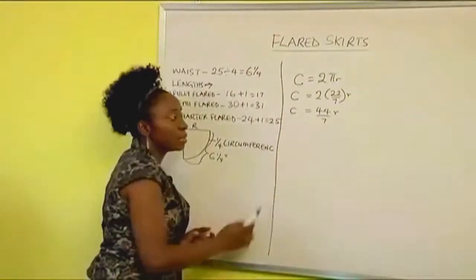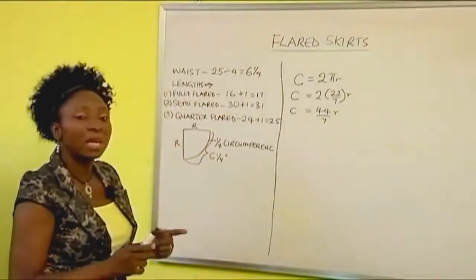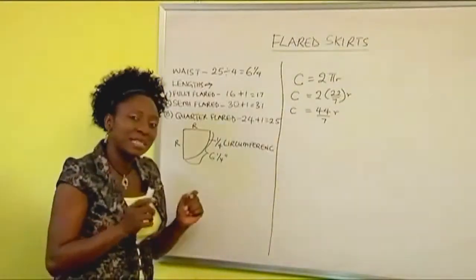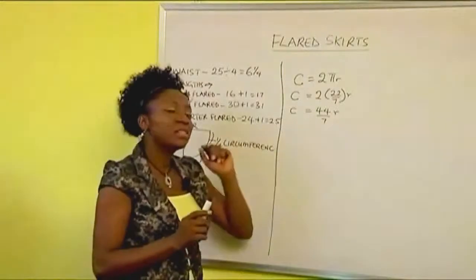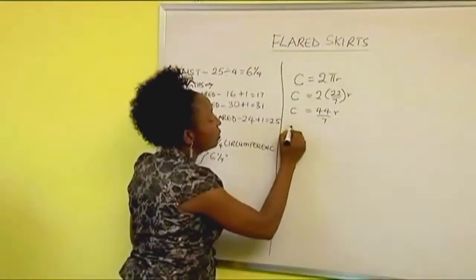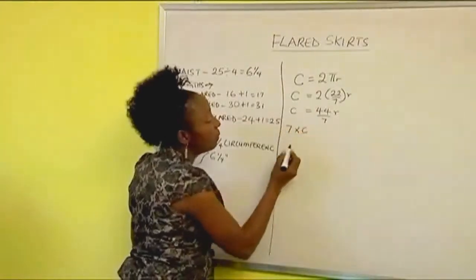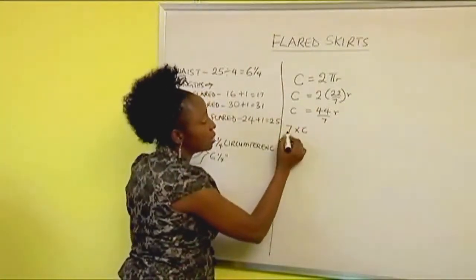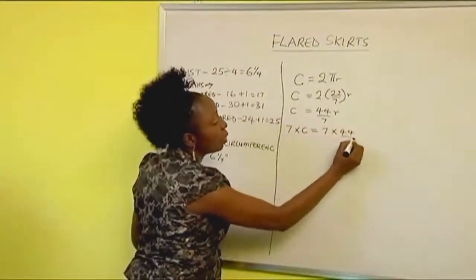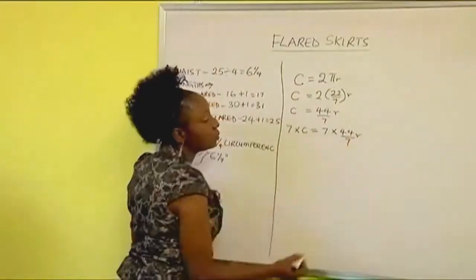Now after I've done this, what I'm going to do is multiply both sides by 7, because I'm trying to see how I'm going to make r the subject of the formula. So I'll take my 7 and multiply by C. I multiply C with 7, and that will give me 7 times 44/7r.